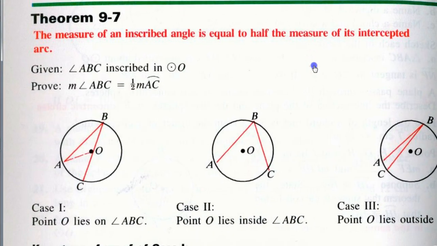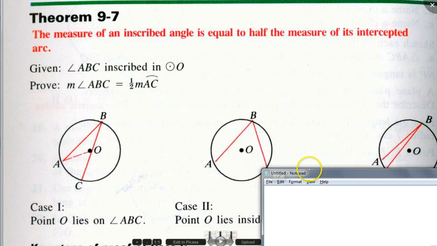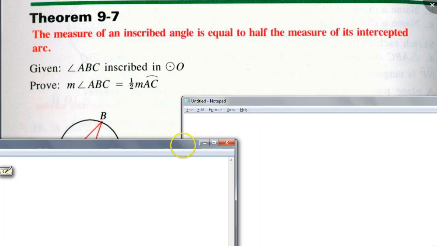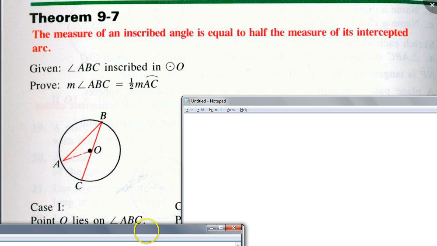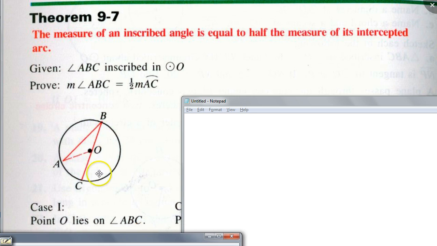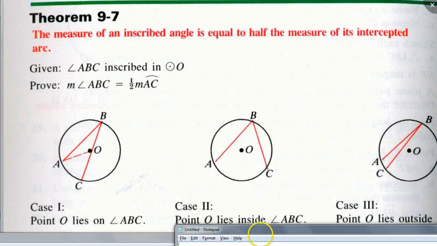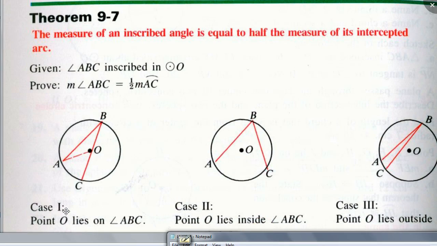Let me move this off for you. There are actually 3 cases if you wanted to prove this. We're going to talk about case 1 for now, where the center lies on one of the chords of the angle. But the center doesn't have to be on a side of the angle.